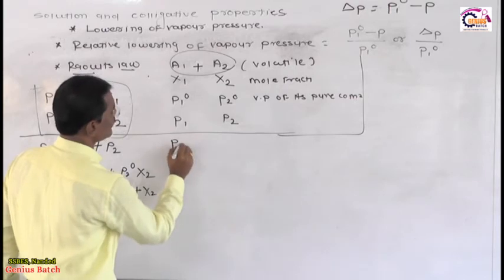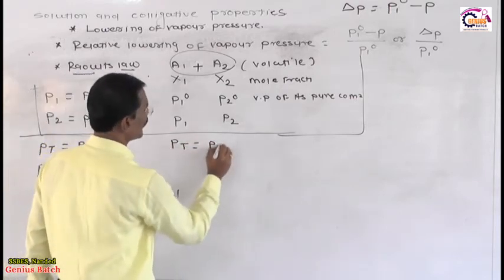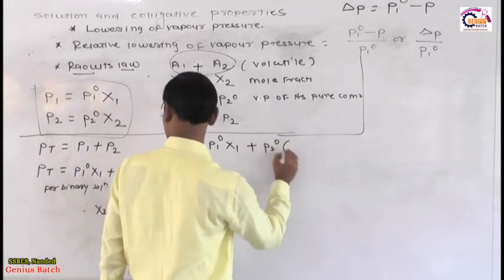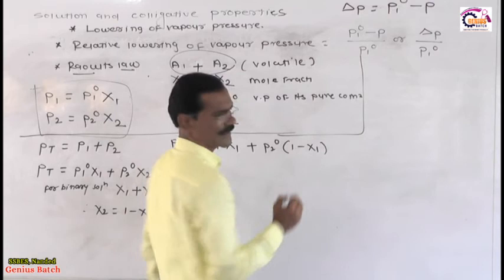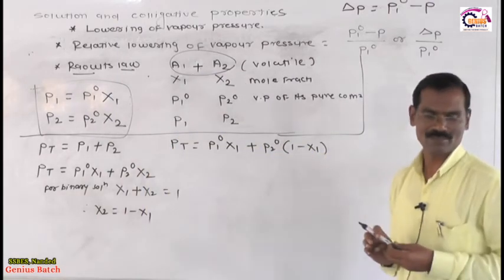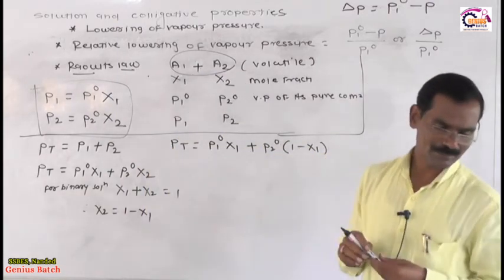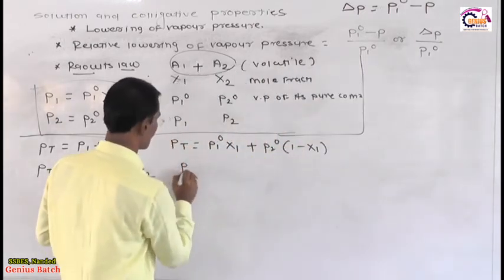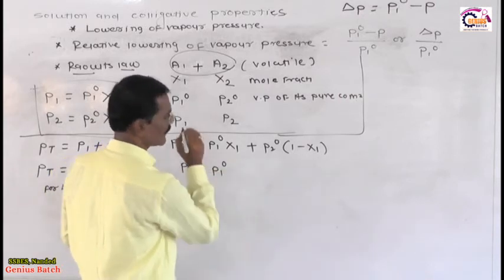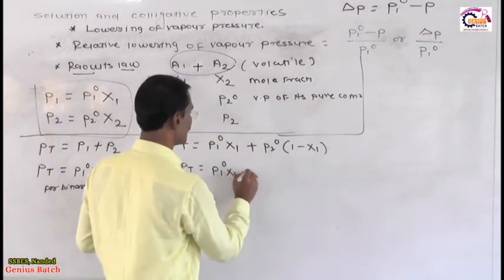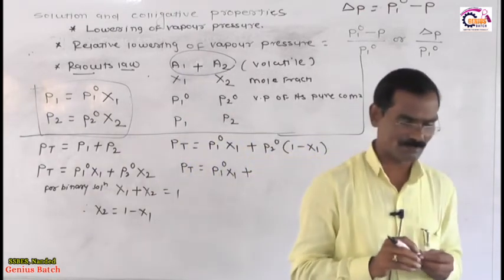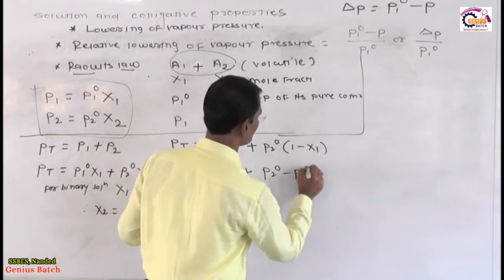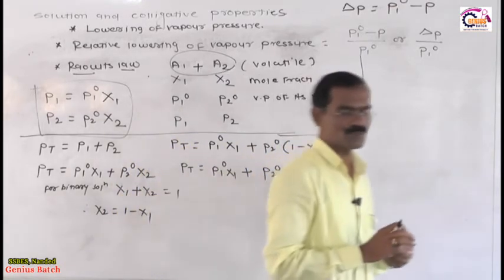Therefore PT is equal to P10 x1 plus P20 in bracket 1 minus x1. Is it okay? The same equation becomes P10 x1 plus P20 minus P20 into x1.